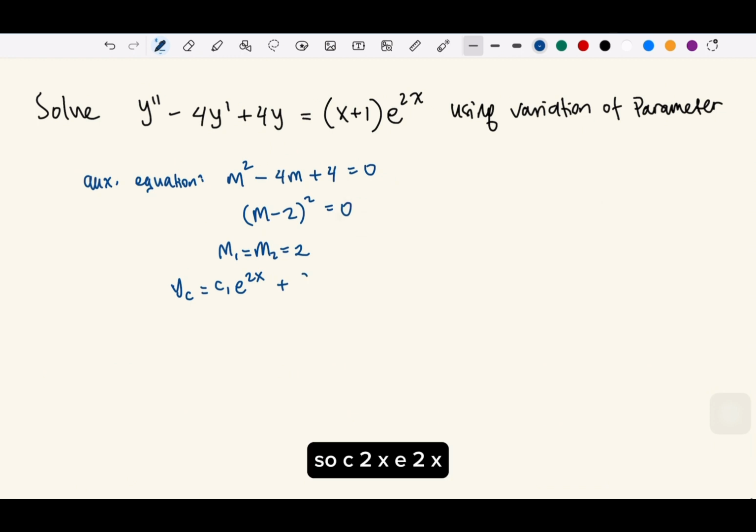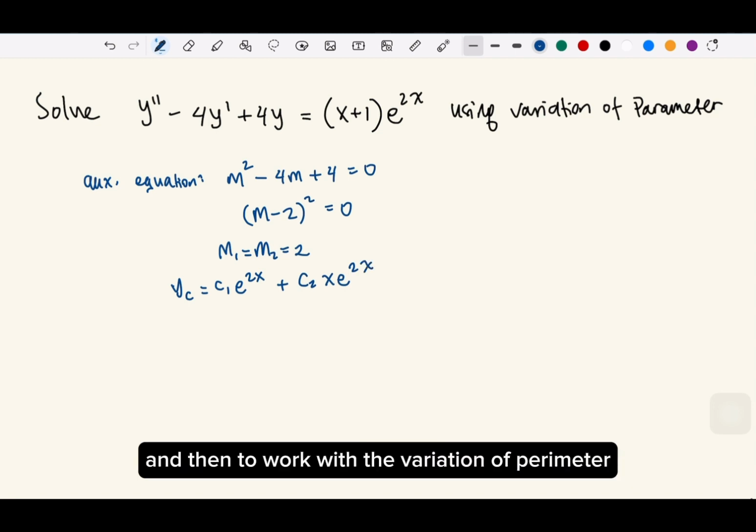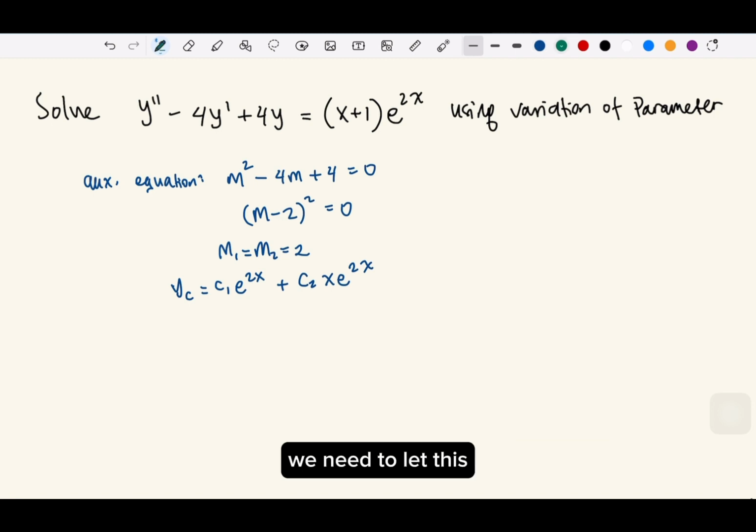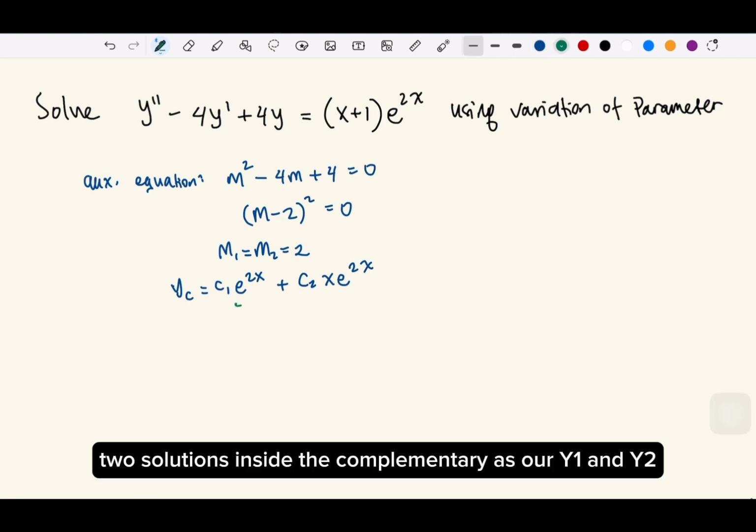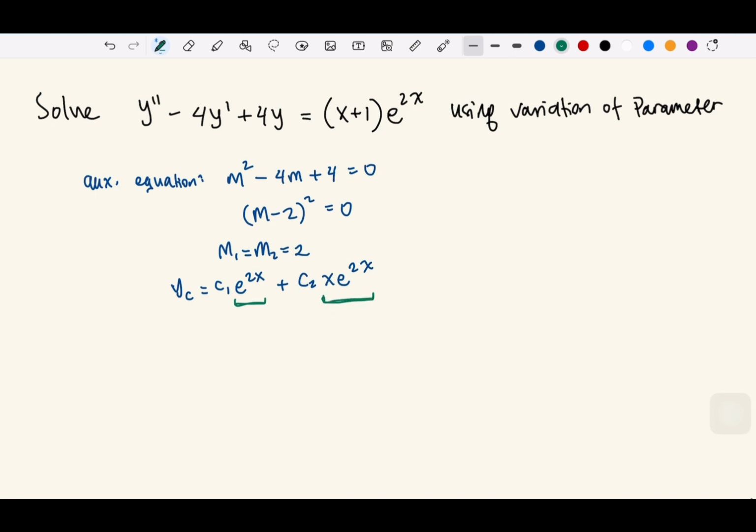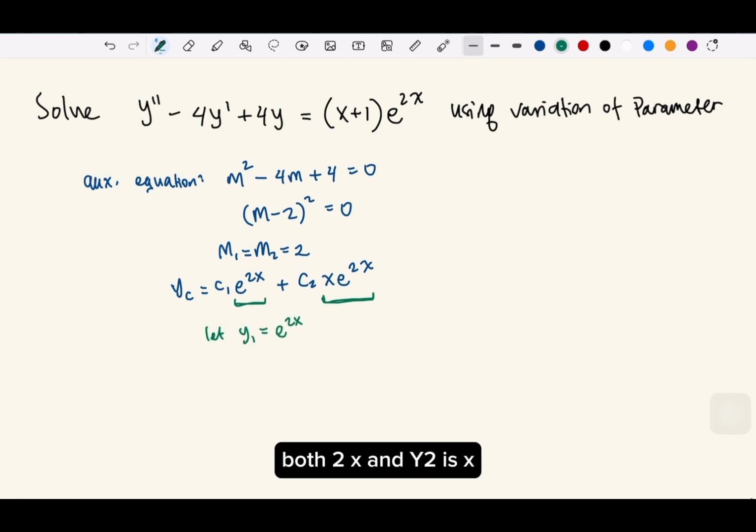So c2 x e to 2x. And then to work with the variation of parameter, we need to let these two solutions inside the complementary as our y1 and y2. So let y1 equal e with power 2x and y2 is x e to 2x.